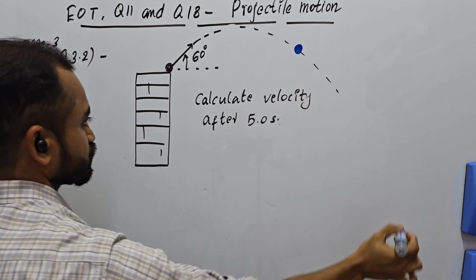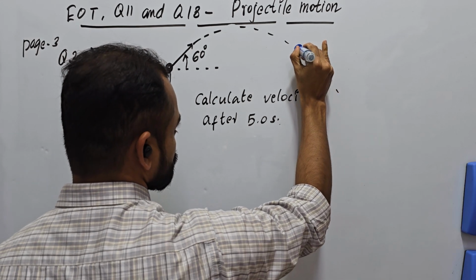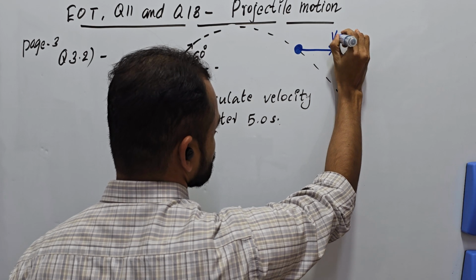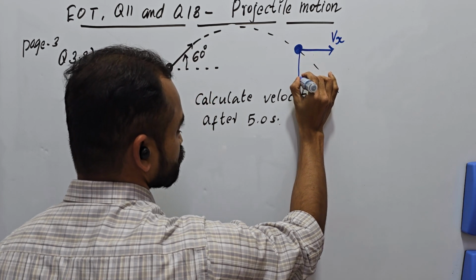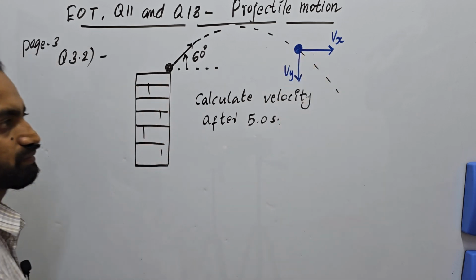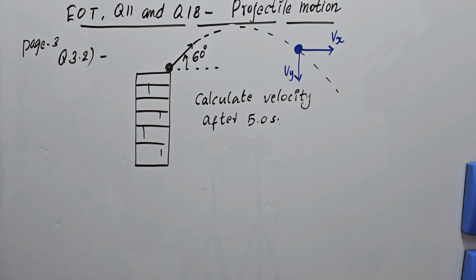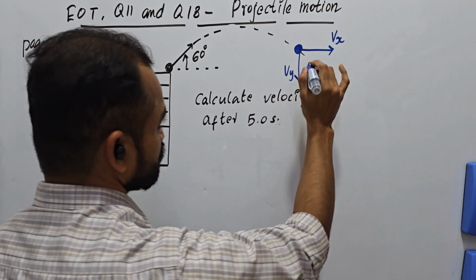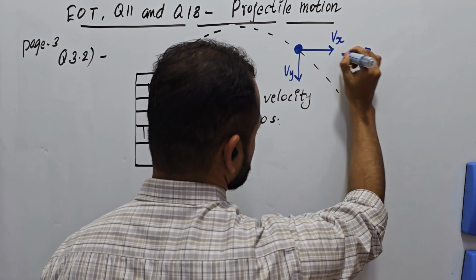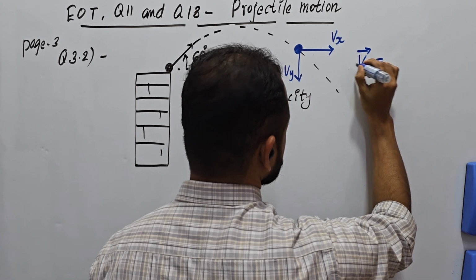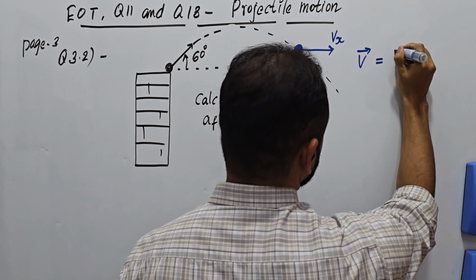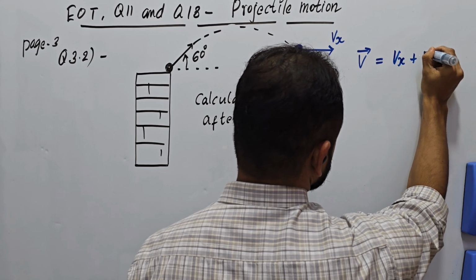After 5 seconds the projectile is here, with horizontal velocity Vx and vertical velocity Vy. The velocity of the projectile at that point is Vx plus Vy.